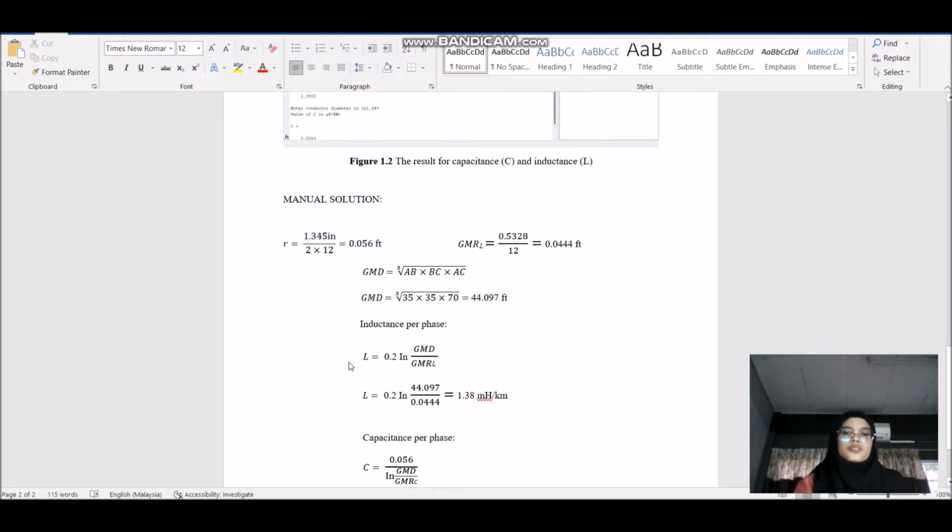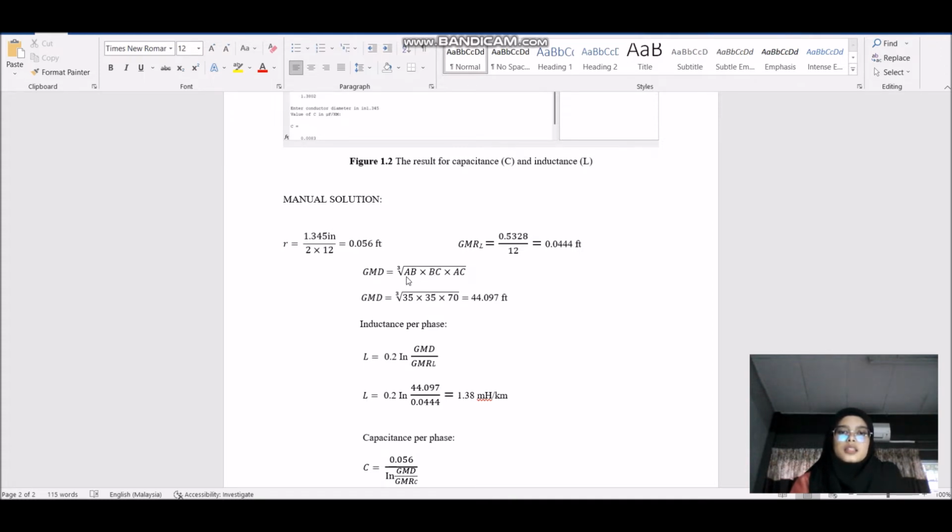The formula to find the inductance per phase is provided on the lab sheet. We can just go and use it. The formula is L equals 0.2 ln GMD over GMRL. Before that, we need to find GMD and GMRL first before we find the inductance per phase value. For the GMD, they also provide the formula. The formula is the cube root of AB times BC times AC.